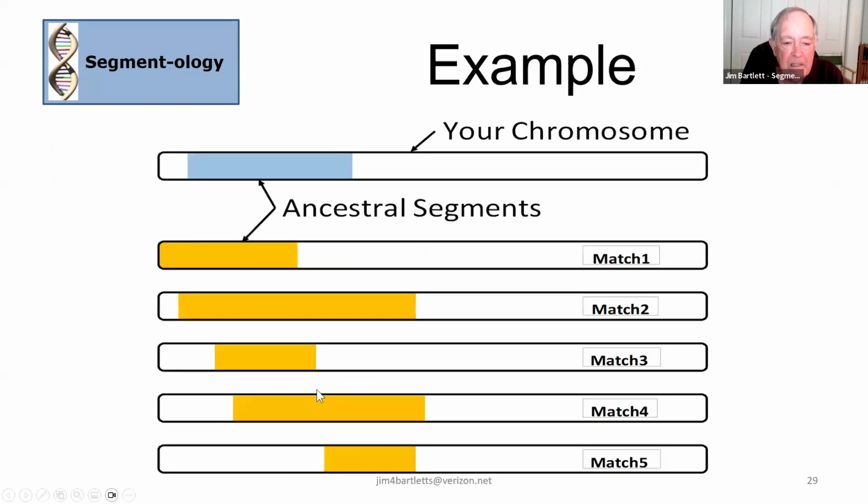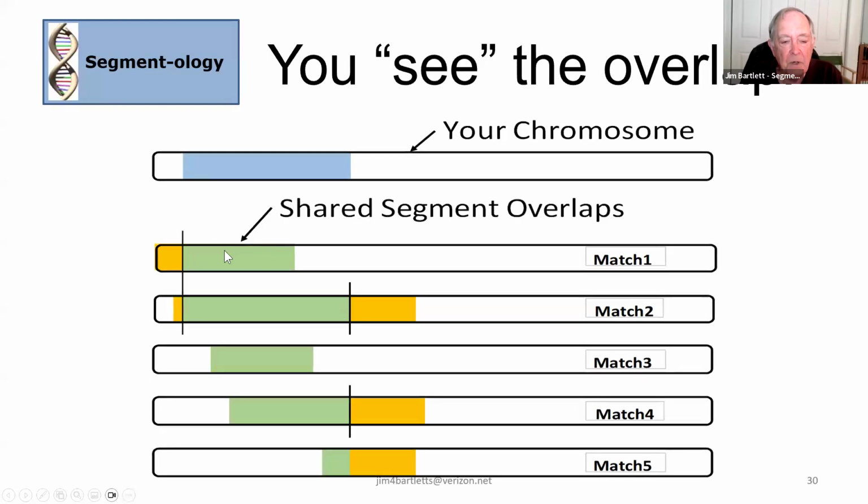Okay. So here's where you have a whole bunch of them. Here's the segment that you got, say, from a common ancestor, and here's a bunch of ancestral segments, the same ancestor that your matches had, let's just say. And so for each of these matches, you can draw a vertical line down on yours and on theirs.